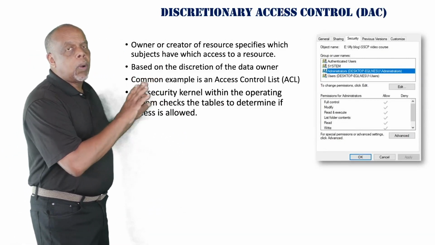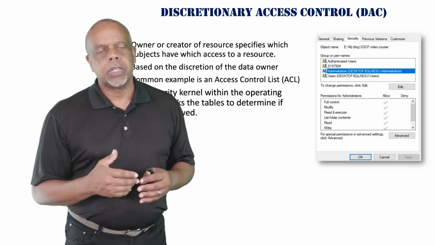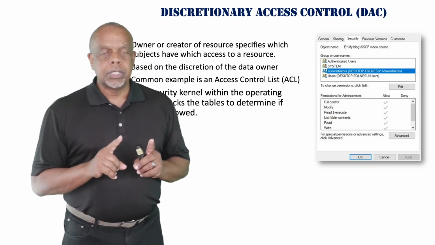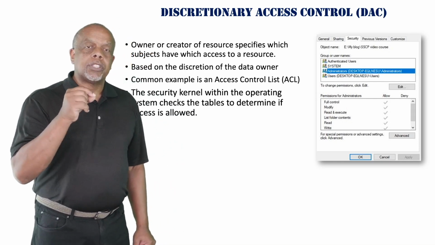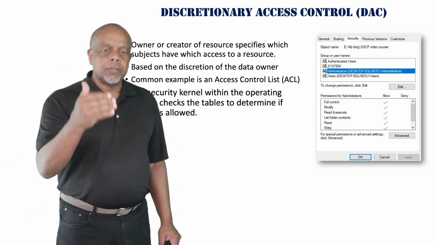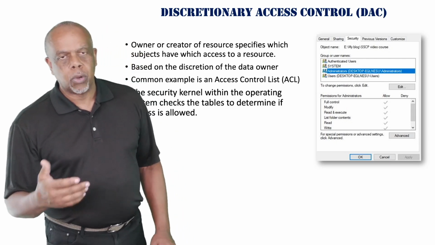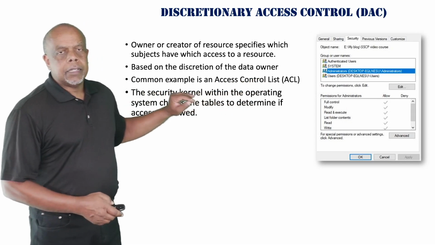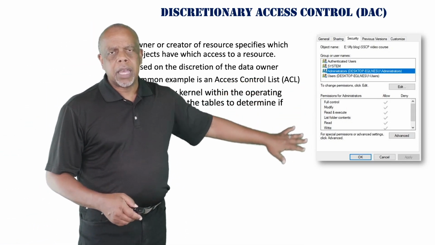Now, the one that is used quite a bit in a lot of organizations is DAC. You hear it called DAC, discretionary access control. Discretionary means that information and resources are given to individuals at the discretion of the person who created it or the data owner. And we build these with what we call access control lists within the operating system.